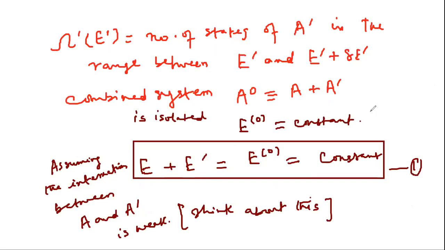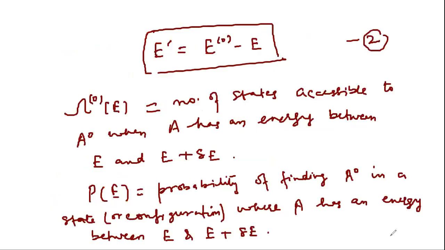Then the combined system was A naught. Its total energy is constant because it is isolated, and we are assuming the interaction between A and A prime is weak, so we can write total energy as the sum of the energies of the two subsystems.